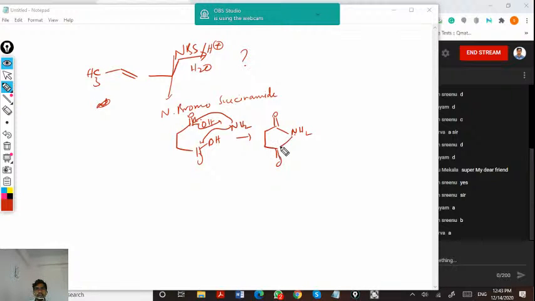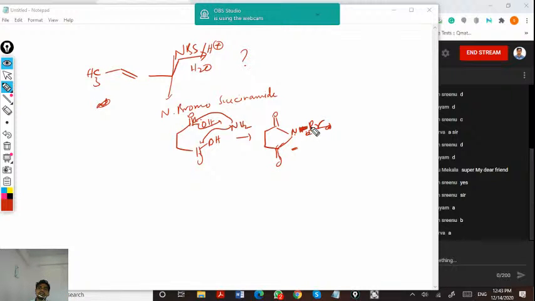This is succinimide. If one of the hydrogens is replaced with bromine, it is N-bromosuccinimide.